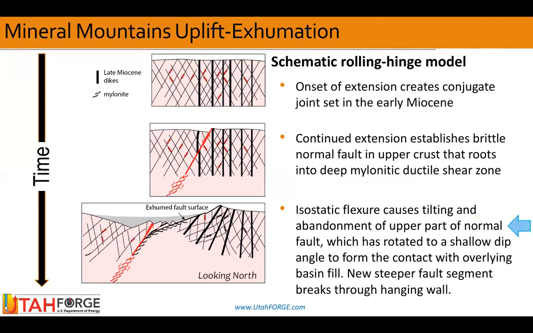The lower panel represents the effect of uplift and block rotation accompanying tectonic extension. This feature here represents the contact that separates basement rocks from overlying basin fill. This other structure represents one that is analogous to the Opal Mound Fault.